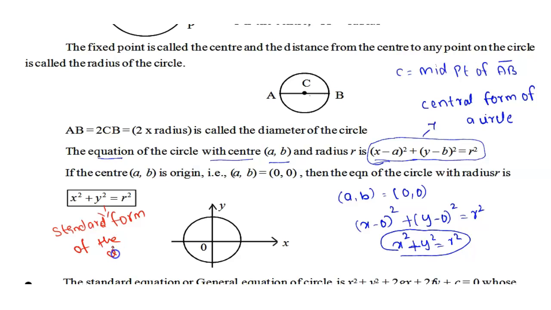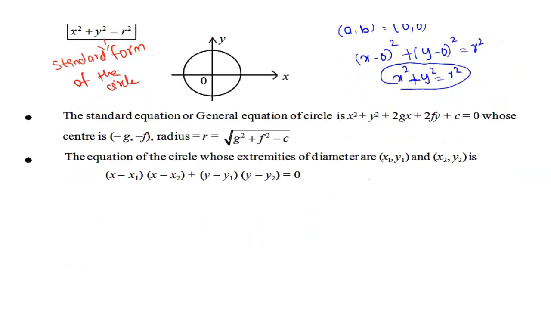So (x minus a) whole square plus (y minus b) whole square is equal to r square is the central form. If the center is the origin, then we say x square plus y square is equal to r square. This form is called the standard form of the circle.